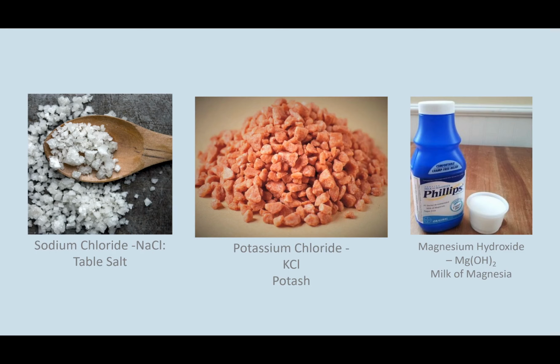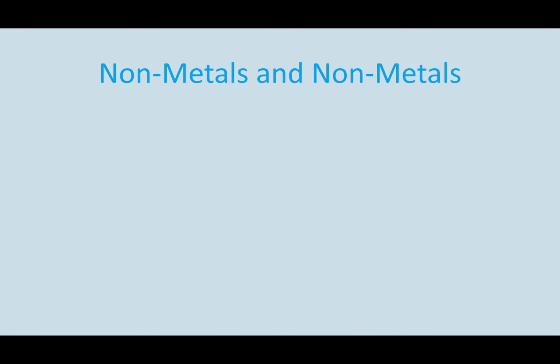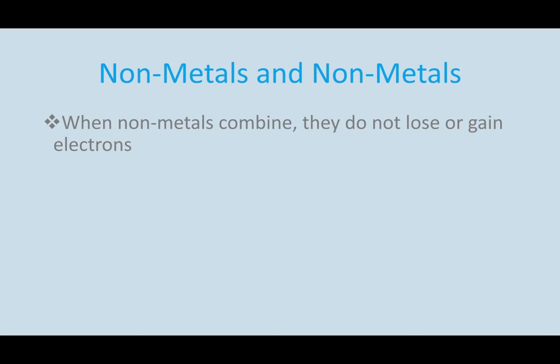Again, different from alloys, you can tell just based on the appearance, but we do see, looking at the chemical formula, that it is a nonmetal and a metal combined together. Looking at nonmetals and nonmetals, when nonmetals combine, they do not lose or gain electrons.